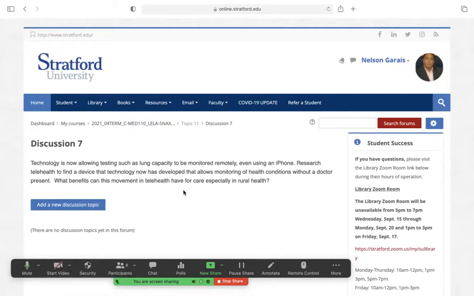But remember when you were talking about technology, telehealth, right? Find a device that monitors health conditions and articles from 2020, 2021, because we're talking about technology and what the benefits are for telehealth.